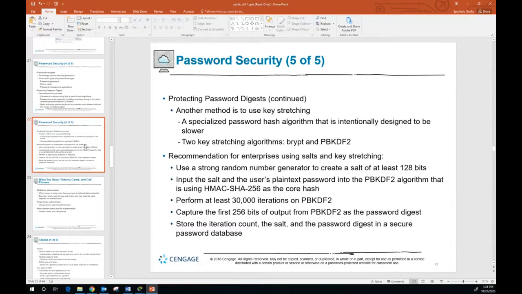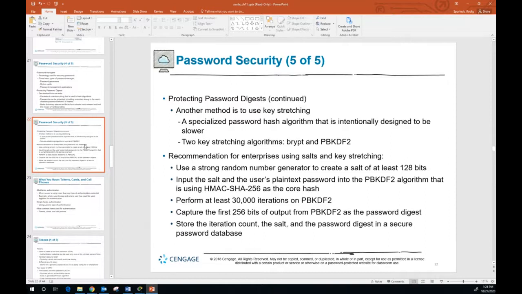Now, when you're using salts and key stretching, you want to use a strong random number generator because you want to create a salt that's going to be at least 128 bits. You take that salt and the user's plain text password and you put this in the PBKDF2 algorithm. So then it's going to use the HMAC or the SHA-256 as the core hash.